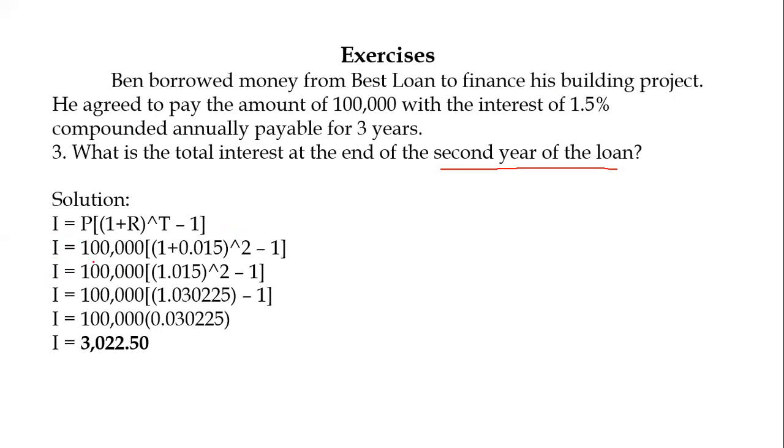The principal is 100,000, times 1 plus 0.015, that's 1.5%, raised to 2, or exponent 2, since we are looking for the second year, less 1. So 100,000 and 1.015 exponent 2, or we multiply it by itself.